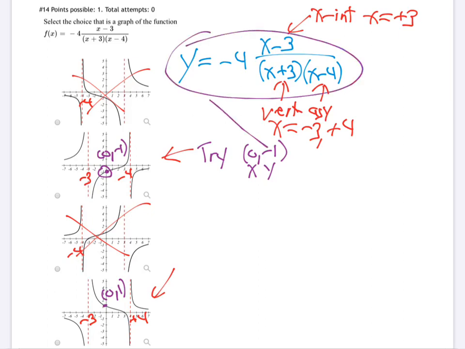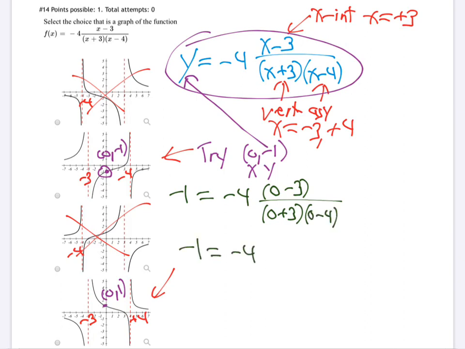So put in the y of negative 1 and put in the x of 0. What do we get? And that's 3 times negative 4, negative 12. It's negative 4 times positive 1/4.